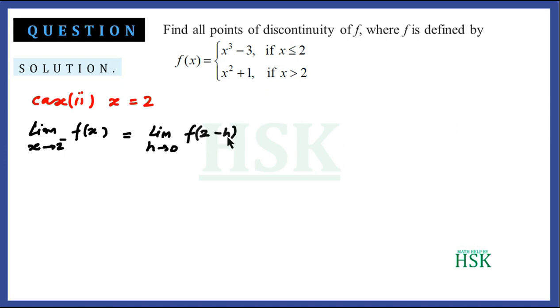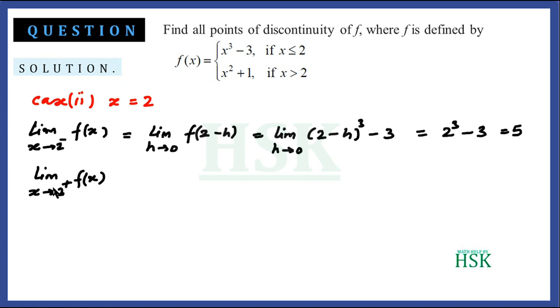The value of f(2 minus h) will be calculated by taking f(x) as equal to x cube minus 3, because 2 minus h is less than or equal to 2. So this would be equal to limit of h tends to 0 of (2 minus h) whole cube minus 3, and on applying the limit this would be equal to 2 cube minus 3. Okay, and this would be equal to 5.